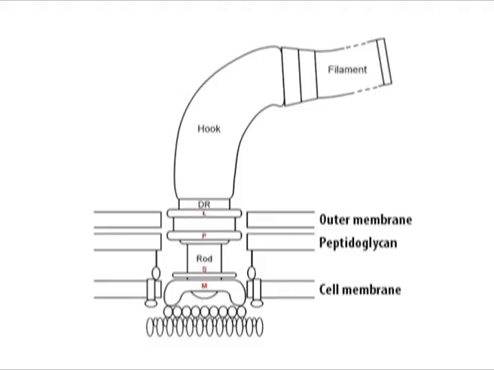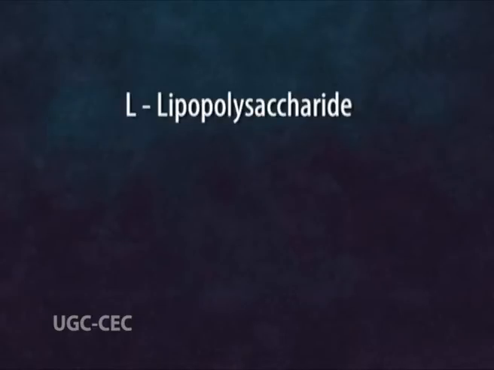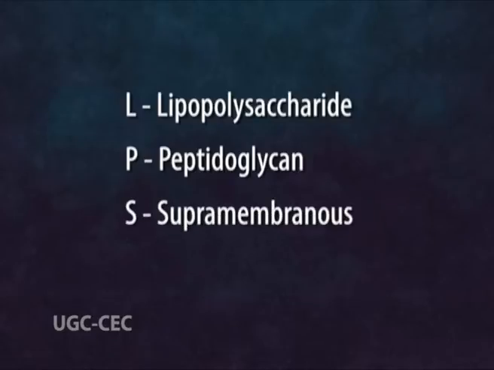Earlier it was thought to have L, P, S and M rings, out of which L stands for lipopolysaccharide, P for peptidoglycan, S for supramembranous and M for membrane.